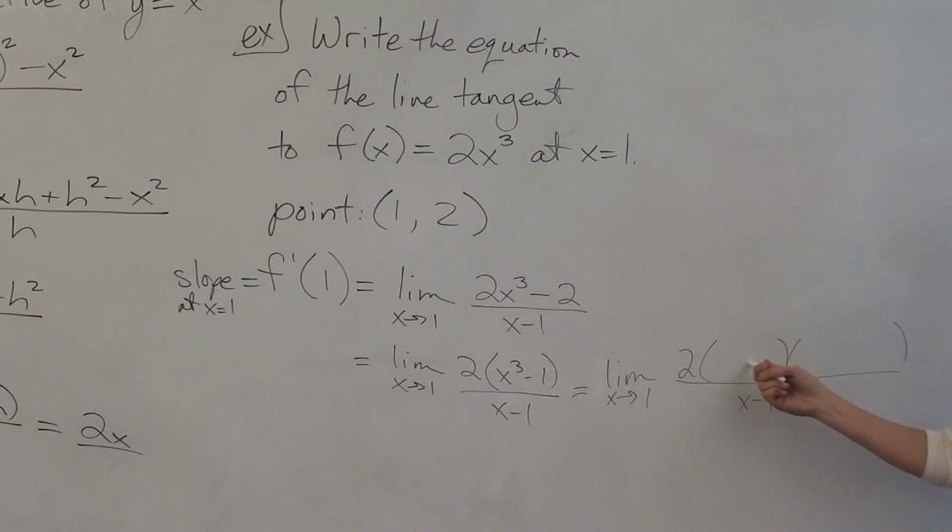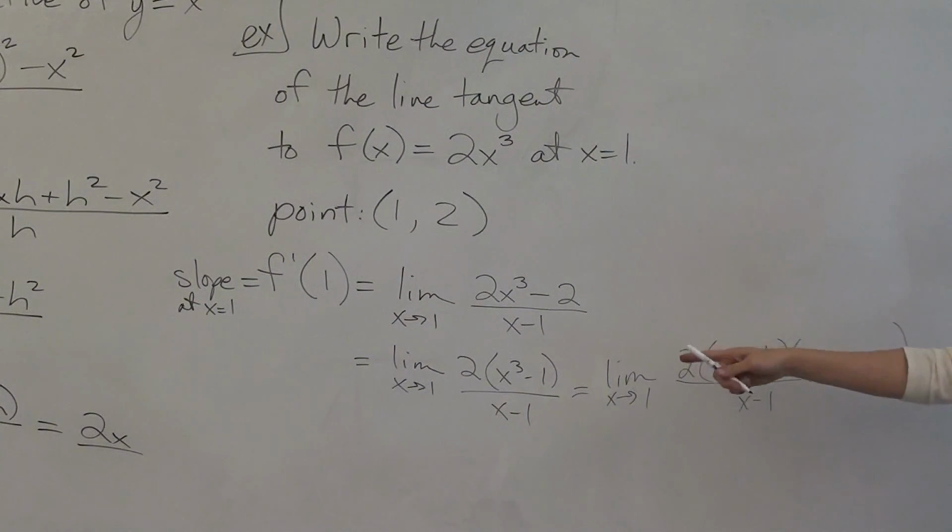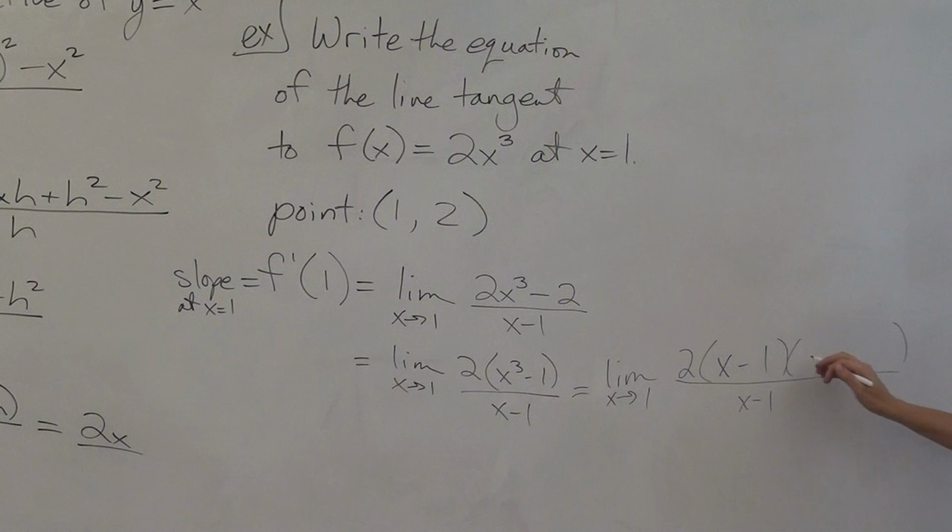What do you know this factor is going to be? X minus 1, because it's the same as the bottom, right? So you always write the cube root and the cube root, take the first term and square it, take the last term and square it, multiply for the middle, signs go same, opposite, always positive. All right, keep going.